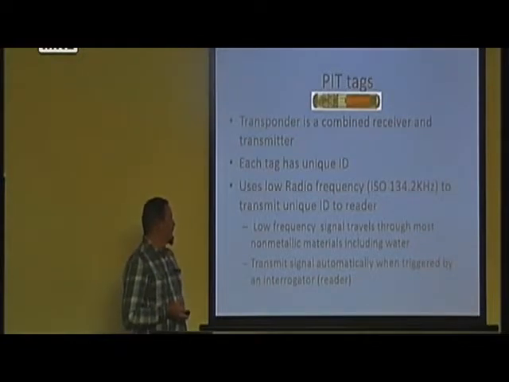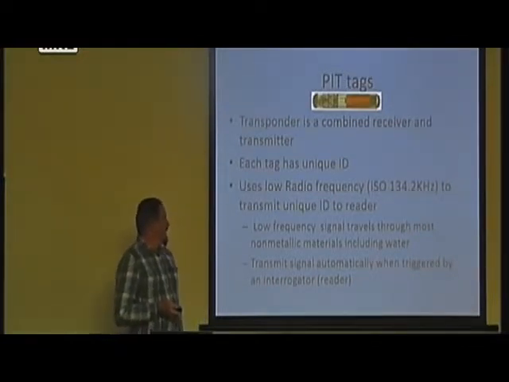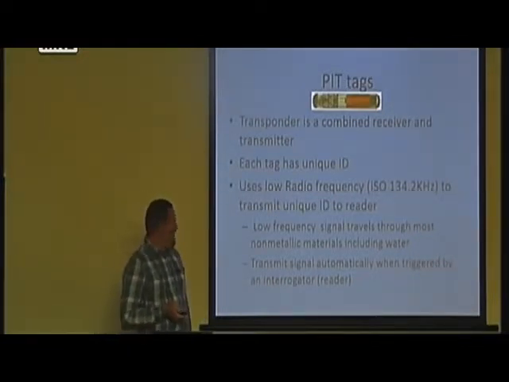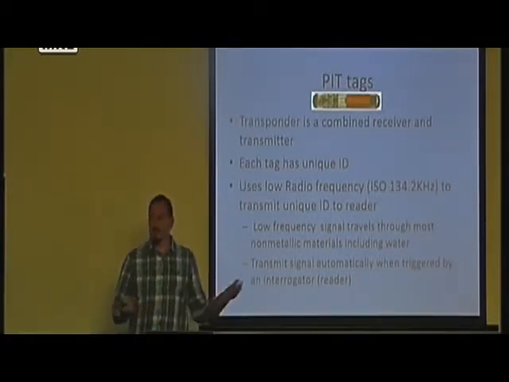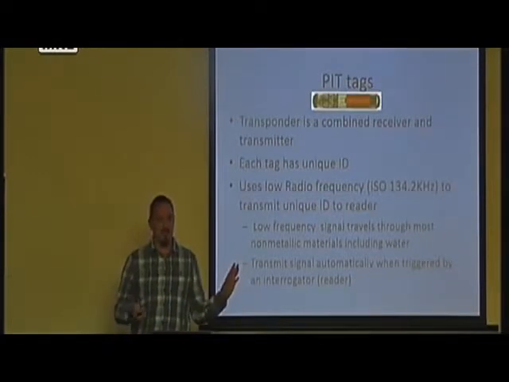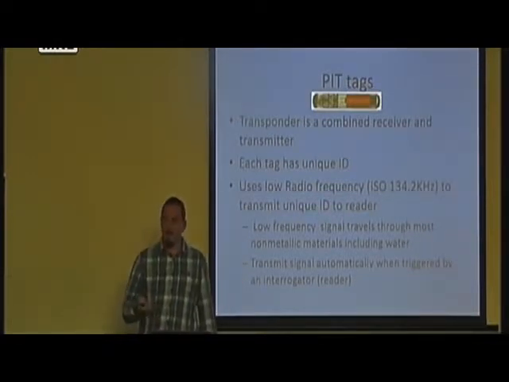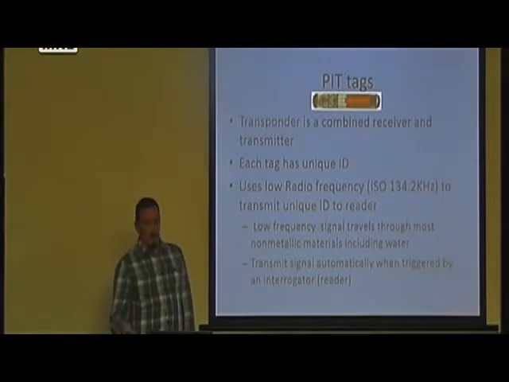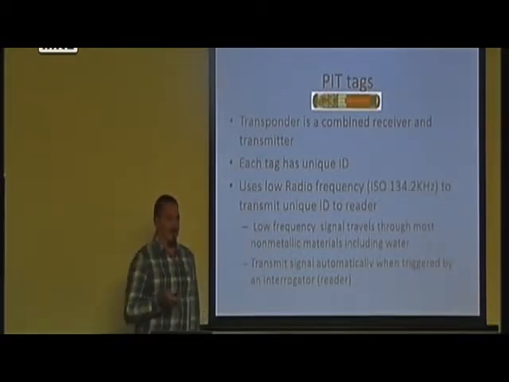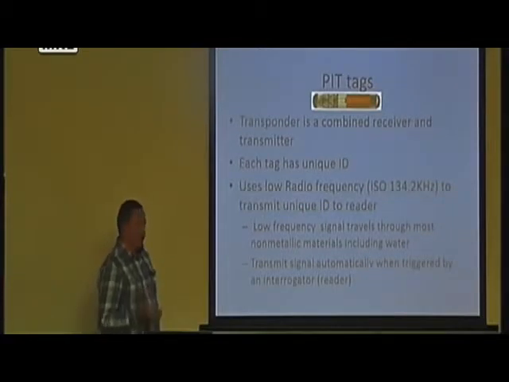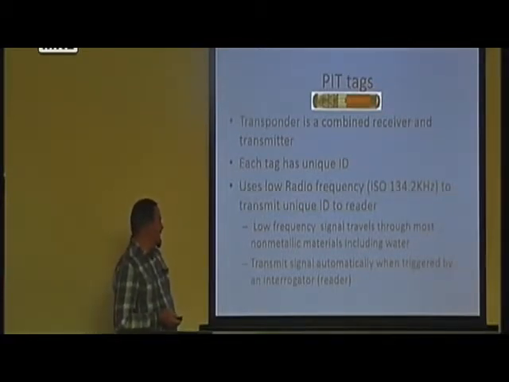It uses low frequency radio identification. Because it's low frequency, it can travel through most materials. It doesn't travel through metal. Metal blocks the signal completely, but it travels through stones, wood, and water. That's the great thing about it: low frequency allows the signal to travel through all these materials.